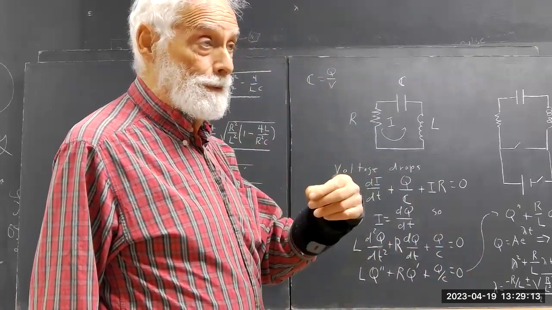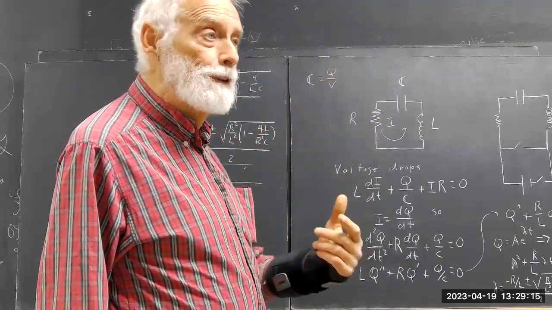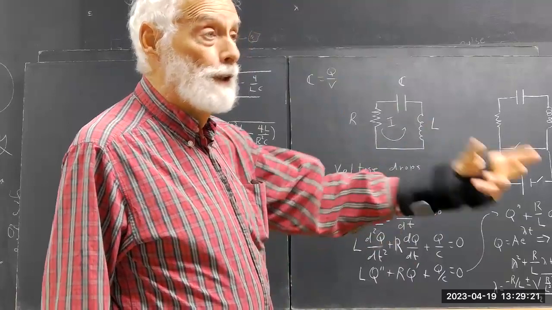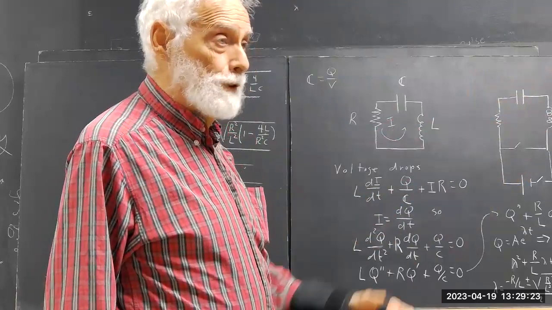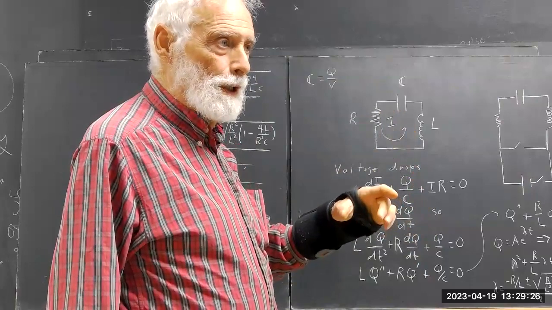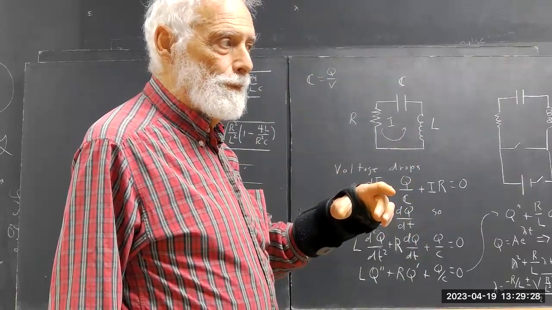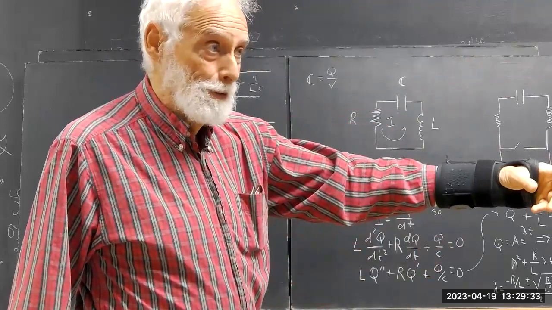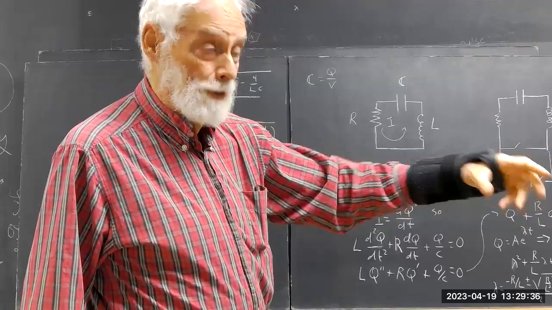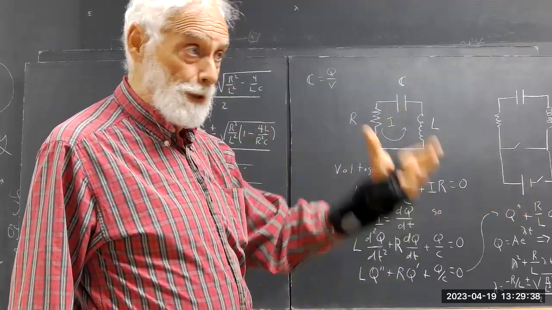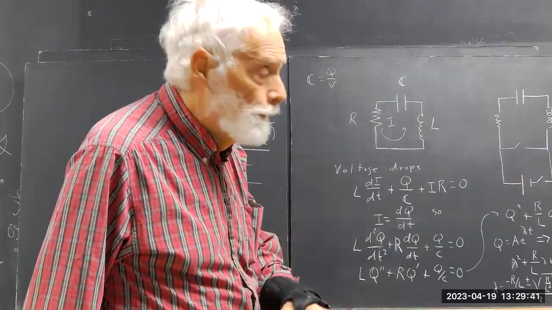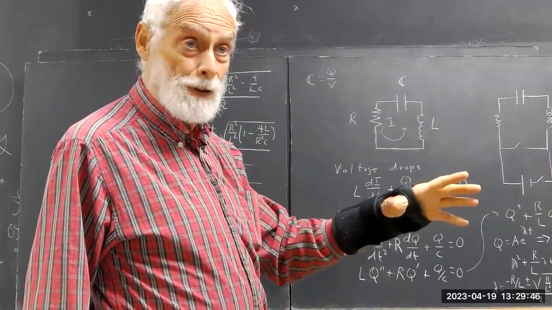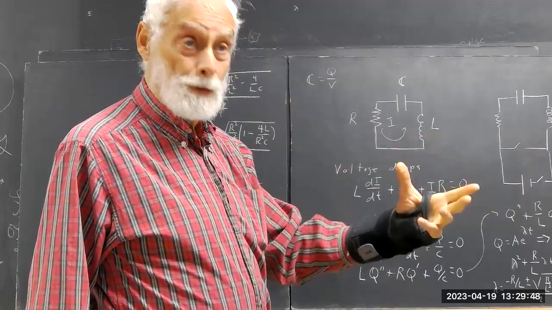We had m times x double prime plus a constant times x equals 0, which gave us x double prime equals negative k over m times x. And we asked very early in the semester, what functions have derivatives that are negative constant multiples of themselves? That's sines and cosines.